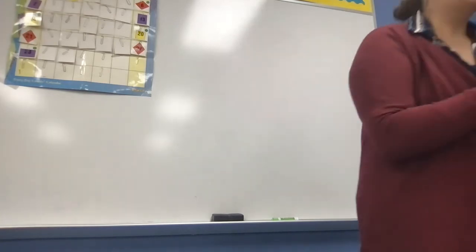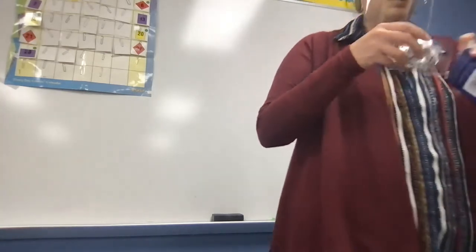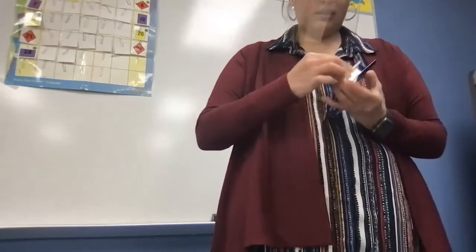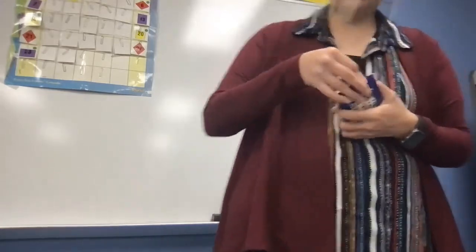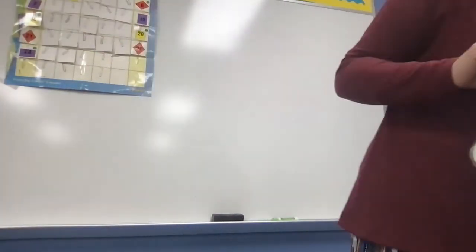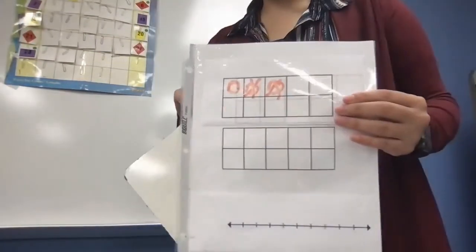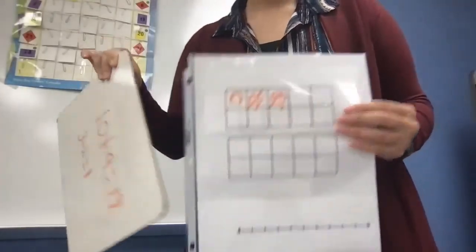Okay, write it down on your board because that's your answer. Let me show them what you've got. And he used the 10 frame for that. He drew his 3 circles, subtracted 2, and he had 1 left.